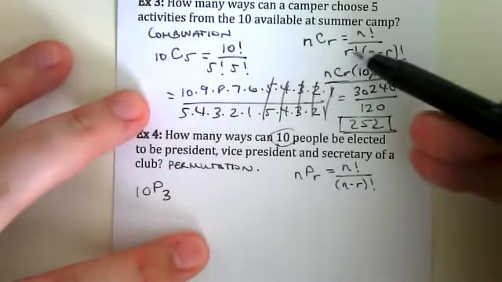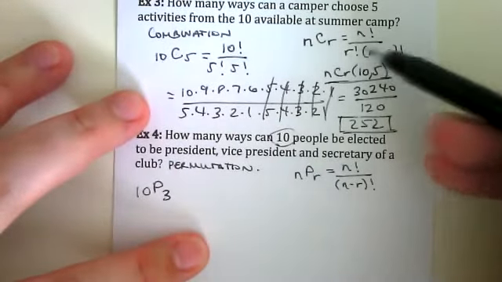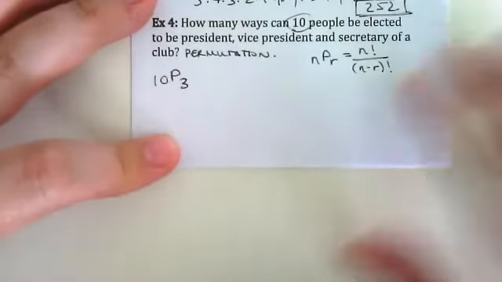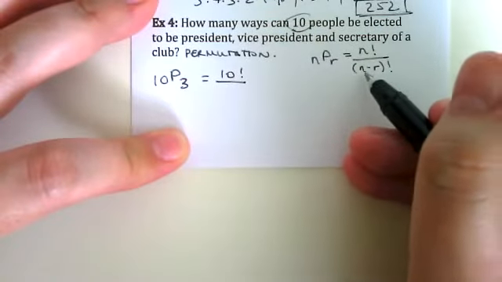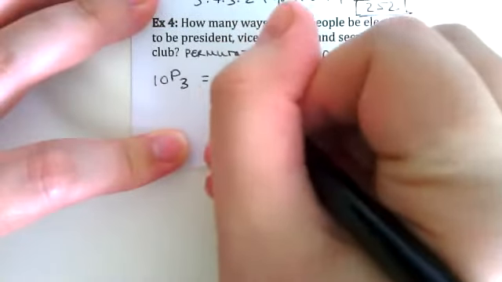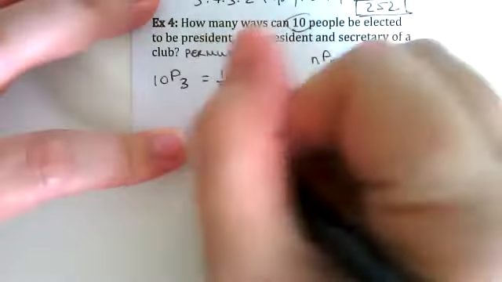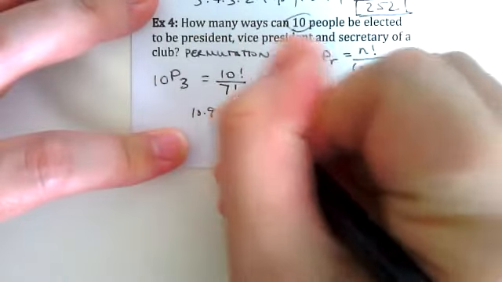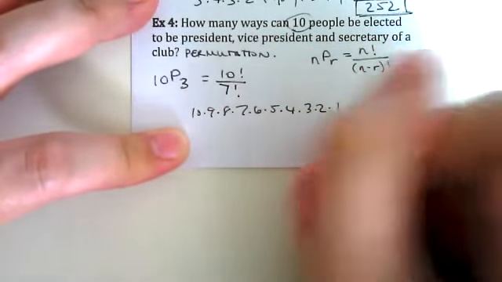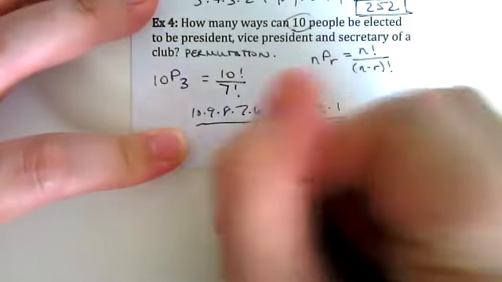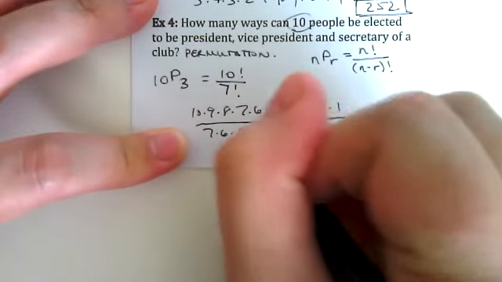So the difference here is the combination divides by the extras, that extra r there, and the permutation doesn't have that. So again, we're doing the same thing. So I've got 10 factorial divided by, and then I have n minus r, so I've got 7 factorial down here. So I'm going to have 10, 9, 8, 7, 6, all the way down to 1 divided by 7, 6.